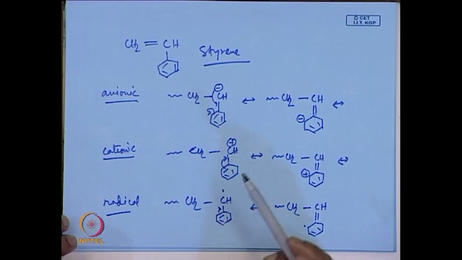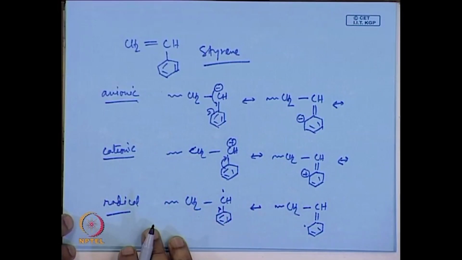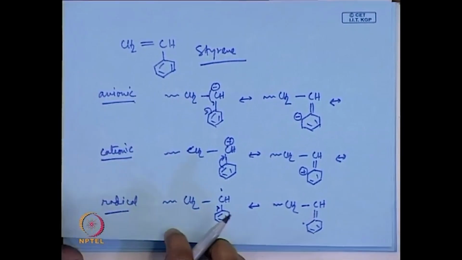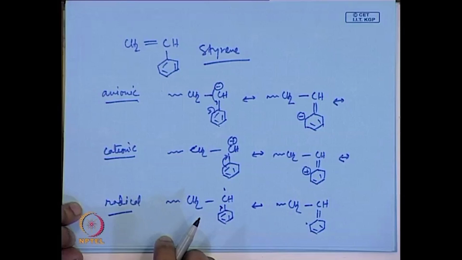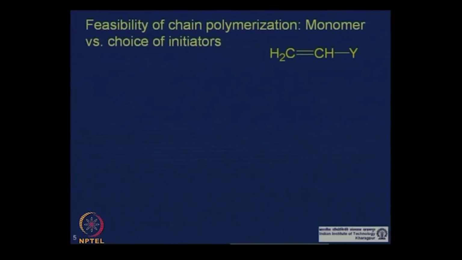So, styrene is an example where it can be polymerized by anionic, cationic or radical initiators. So, these are the examples of how the structure of the monomer will determine whether it can undergo chain polymerization by an anionic initiator, a cationic initiator or a radical initiator. We have seen the examples of several monomers, and let us see the table and summarize whatever we have just learned in the last 5-10 minutes.